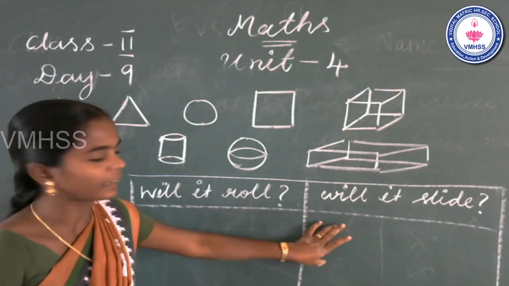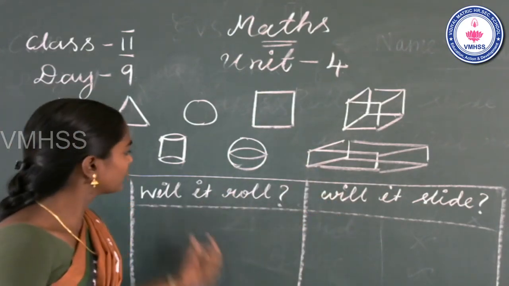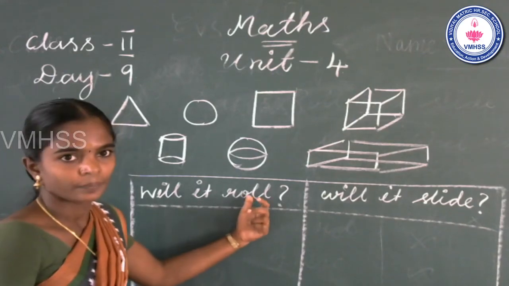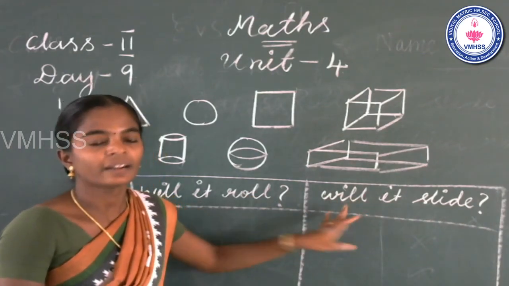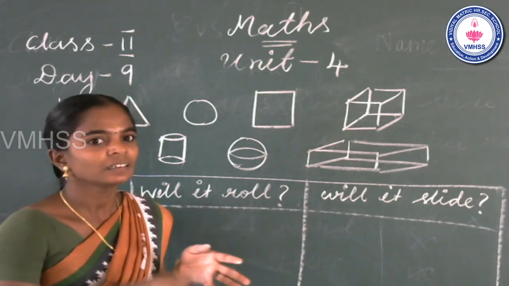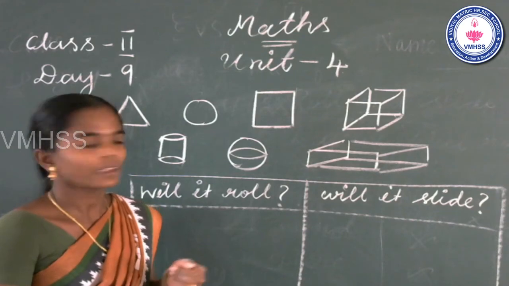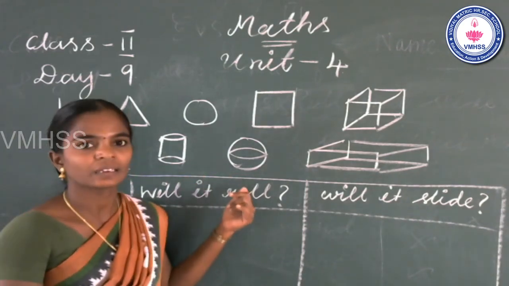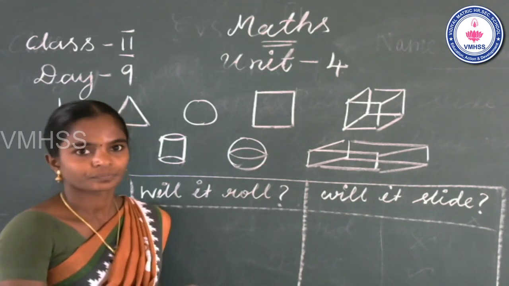Next we will find the slide shapes. So the first column is will it roll, and the next one is will it slide. Children, objects having a curved surface can roll. Objects having a flat surface can slide.